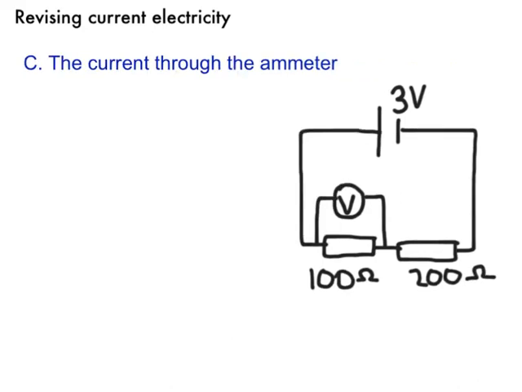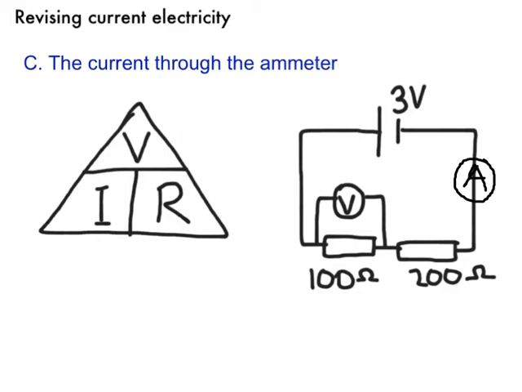So for this next question, I'm going to add an ammeter into our circuit. I've added an ammeter in for measuring the current, and the question is asking me what is the current through the ammeter. Well, to work out current, we need to use our equation of V equals I multiplied by R, and I've put it into the triangle here, so we can just cover up the bit we need.